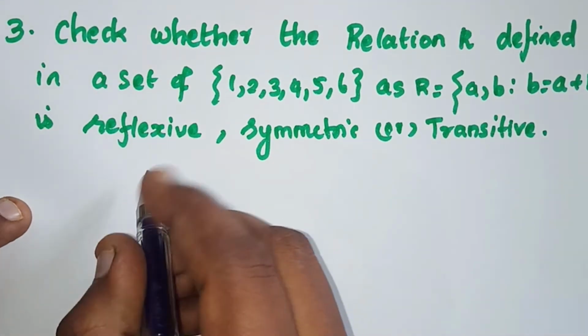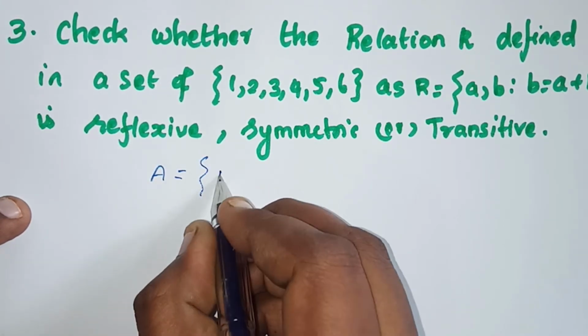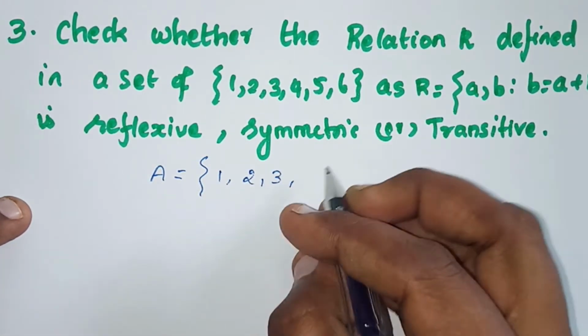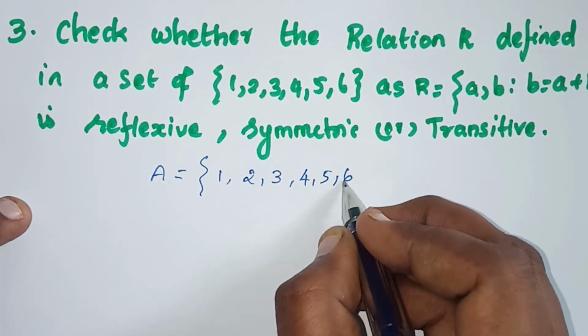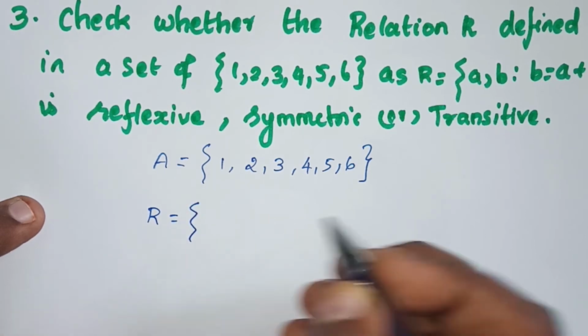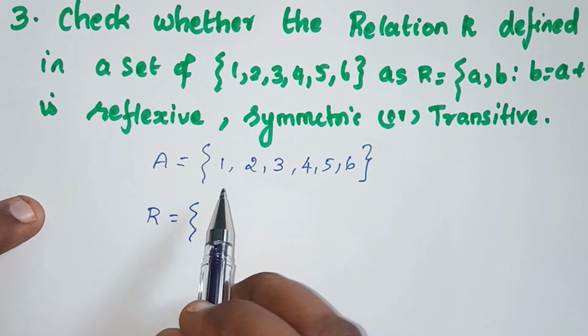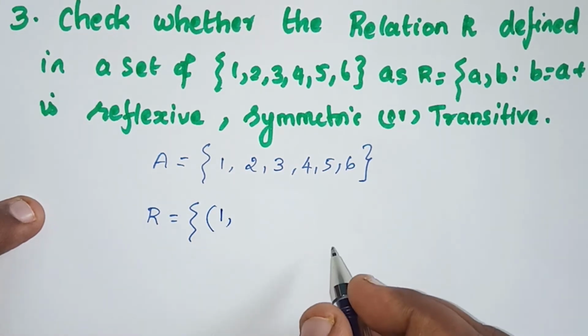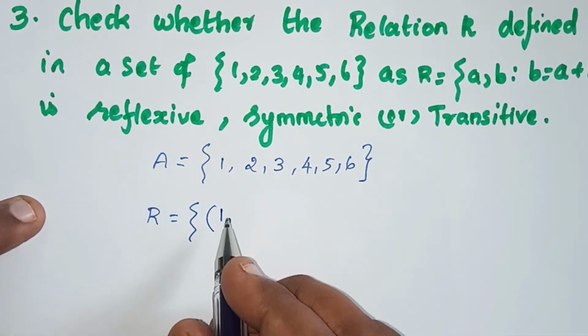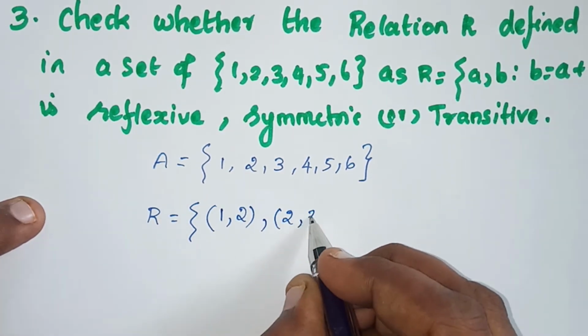So, first we will write the elements. A is given as 1, 2, 3, 4, 5, 6. How do we write the relation? b is equal to a plus 1. First we take a as 1. So, b is equal to 1 plus 1, 2. Next, we take 2: 2 plus 1, 3.